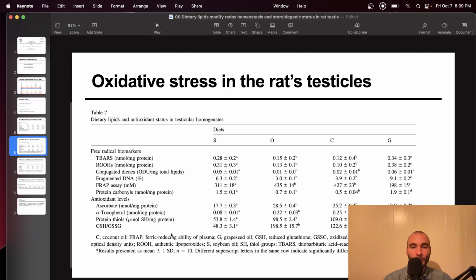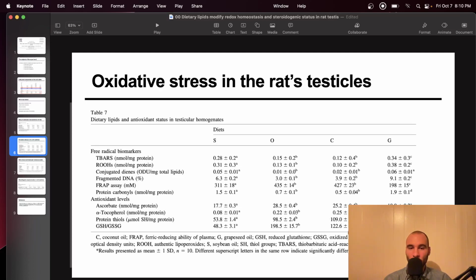Now, what you're seeing here inside the olive oil and coconut oil groups is that, let's see, the olive oil compared to the soybean oil, it looks like there's about 4 times as much reduced glutathione in ratio to oxidized glutathione compared to the soybean oil group.